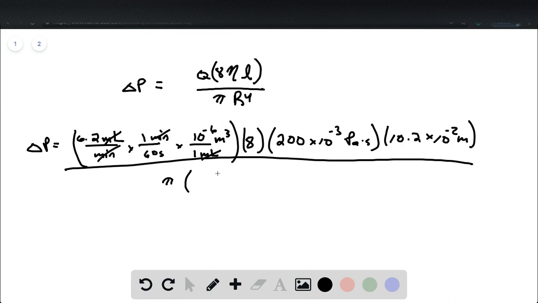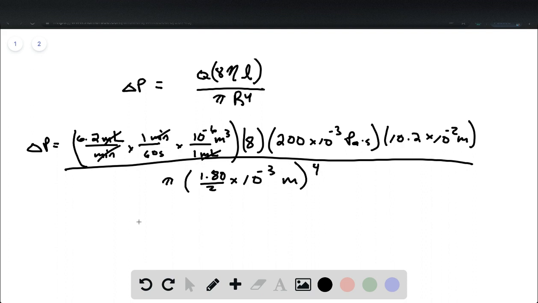And R is really the diameter divided by 2. You have 1.8 divided by 2, and this is in millimeters, so this is really 10 to the minus 3 meters. And this is also to the fourth power because we have the 1 over R to the fourth factor there.